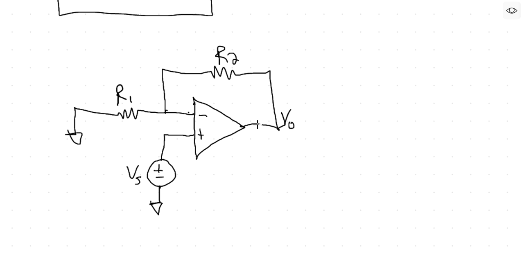Again, the question remains: let's find the gain of this stage, which is V out over Vs. A couple things to note. We know that Vs is feeding into the positive input, so we better hope that our gain is a positive value.